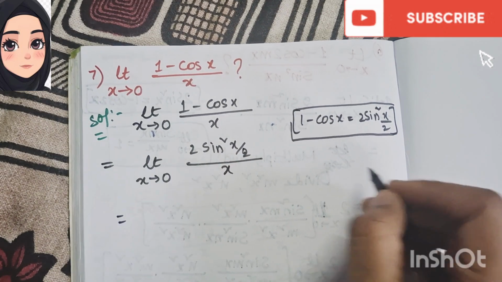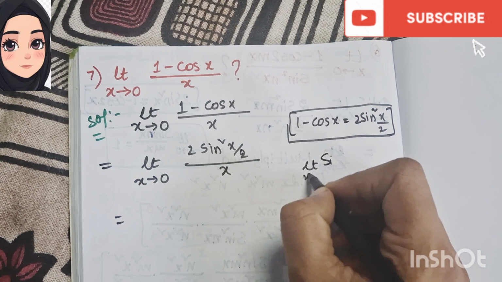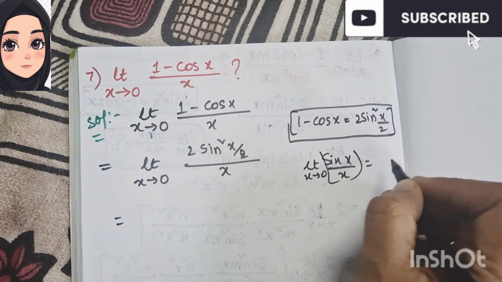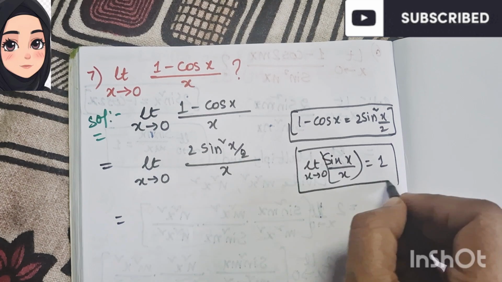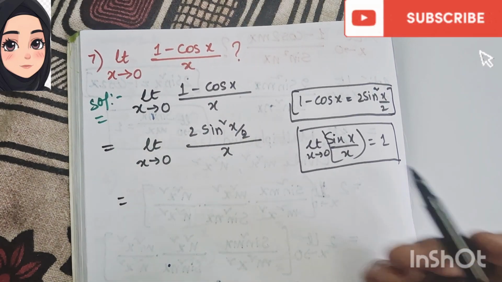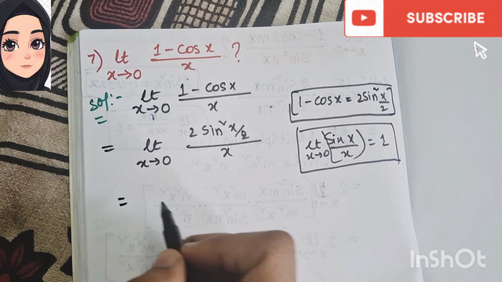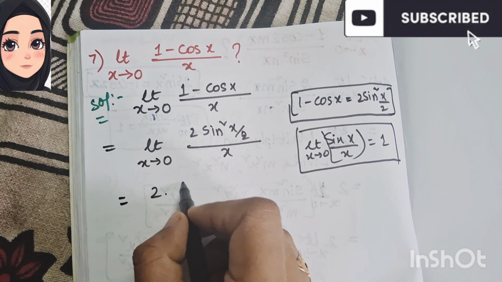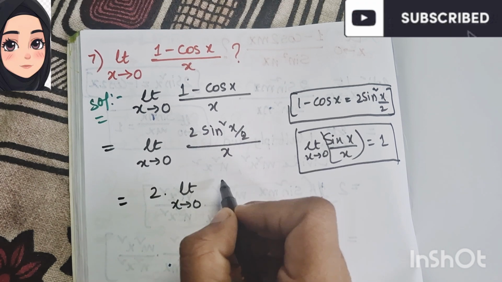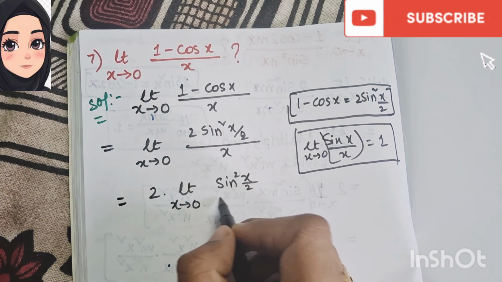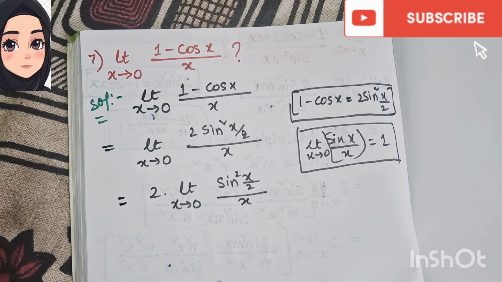So this is again a formula, limit x tends to 0, sine x by x equal to 1. This formula we have to use always whenever we have sine, cos, tan. So now what to do? 2 is a constant, outside of this, sine square x by 2 is there, in the denominator x is there.